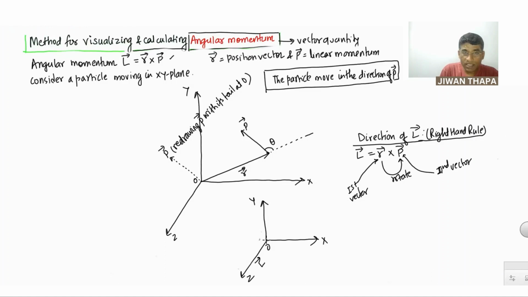Now we get this situation. We have R, we have linear momentum redrawn.